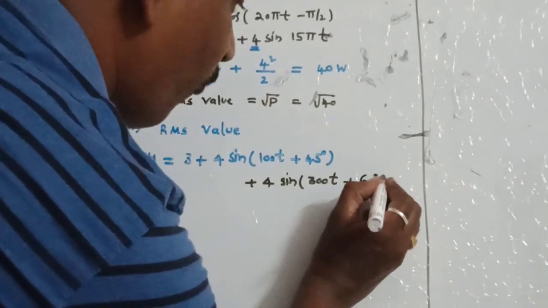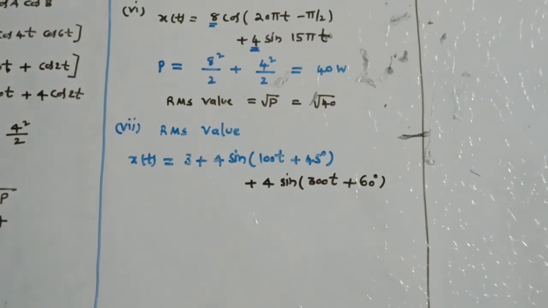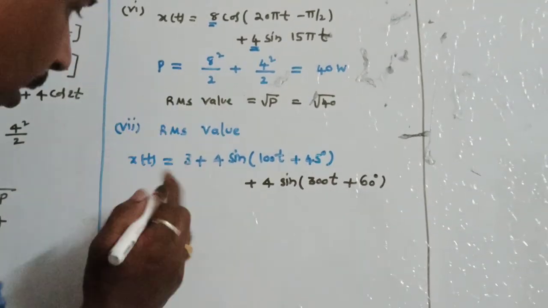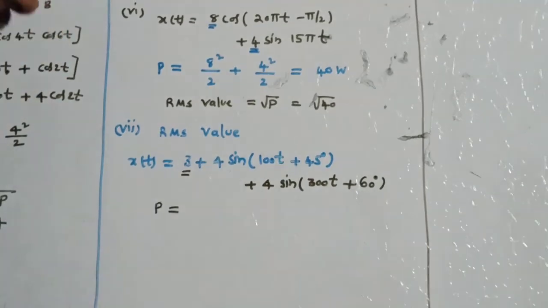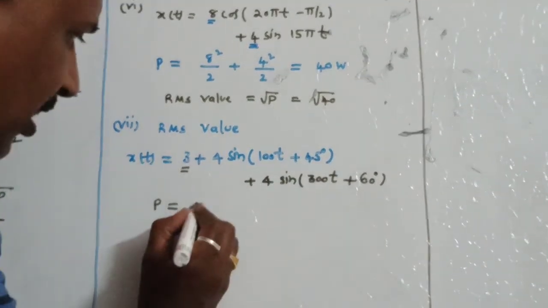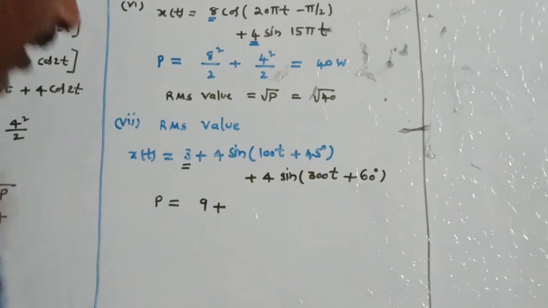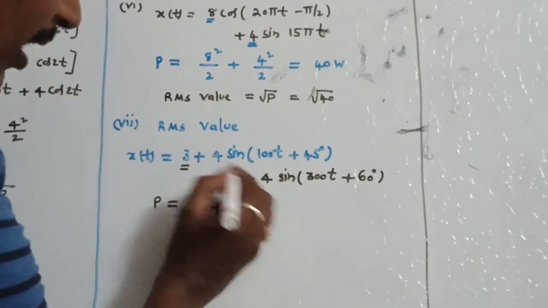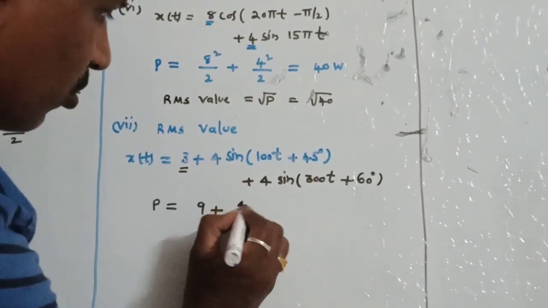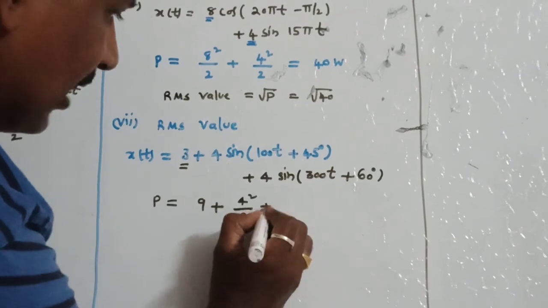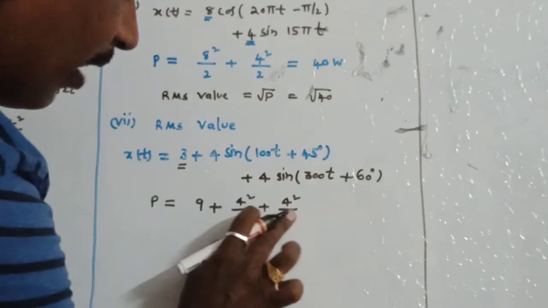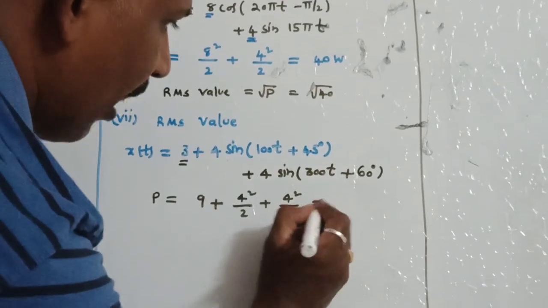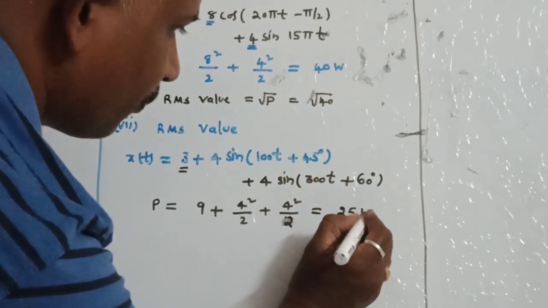This is also one of the GATE questions, given in a previous GATE paper. So what is the power? First, there is a constant. Remember that for a constant the power is simply its square, 9, plus 4 square by 2 plus 4 square by 2. It will come out as 25 watts.